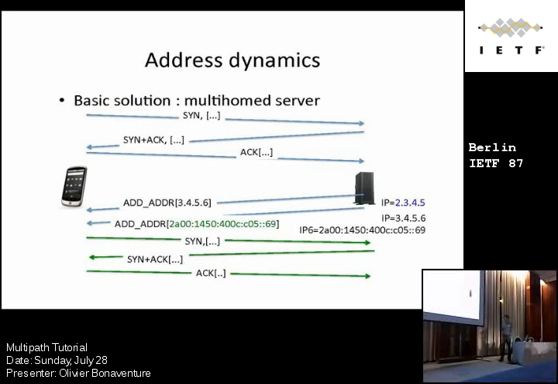And once this Multipath TCP connection has been opened for the blue IP address, then the server can advertise the other IP addresses that it owns, so that the client now knows that if it wants to establish a subflow, it can establish a subflow towards any of these addresses that are owned by the server. And for example, it chooses to open an IPv6 connection. So at this point, we have a TCP connection that will go over IPv4 and over IPv6 at the same time.